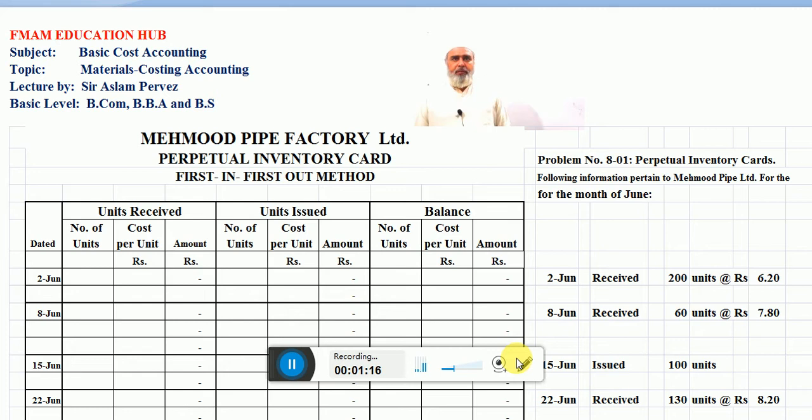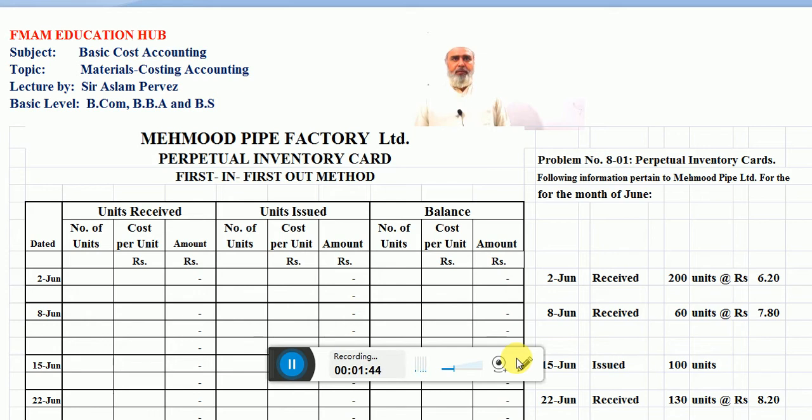Costing for materials includes the study of different methods for computation of cost of receipts and issue of materials and costing of the returns.